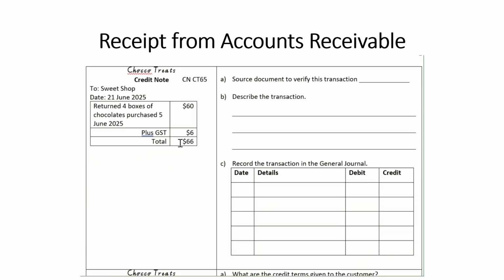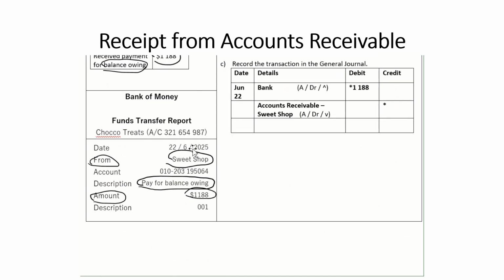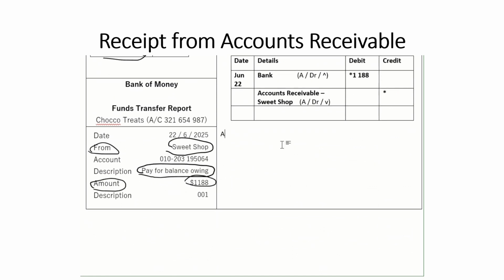And then the customer made a sales return, and so we had to give a credit refund of $66. So basically, the accounts receivable balance was 1,386 minus 66, and that will give us a balance of 1,320 that was required to be settled.